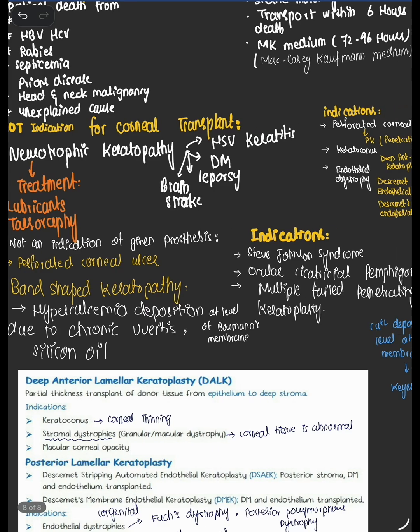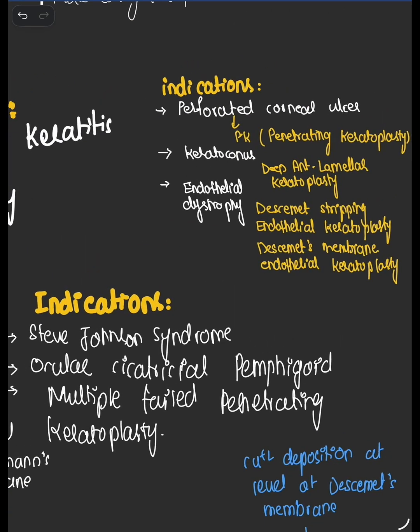And what are the indications of corneal transplant? Perforated corneal ulcers: we do PK, penetrating keratoplasty, in which the full thickness cornea is transplanted from the epithelium to the endothelium. In keratoconus, we do DALK, deep anterior lamellar keratoplasty.